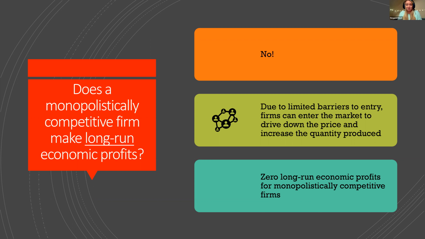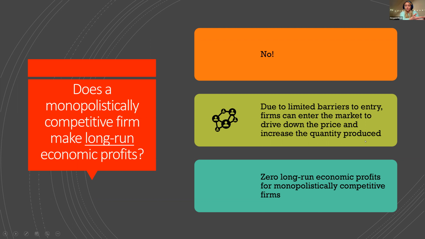So firms can relatively easily enter this market and try to brand themselves as this type of shoe, and it's better this way, so you should buy from me. And because competition can occur that way, this drives down the price of everyone's shoes and it increases the quantity that's produced.